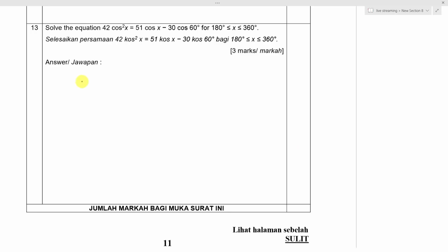Alright, so this one basically is 42 cos² x minus 51 cos x. This 30 cos 60, I will just change it to the number: 30 multiplied by cos 60 is 15. So minus 15 equals 0.